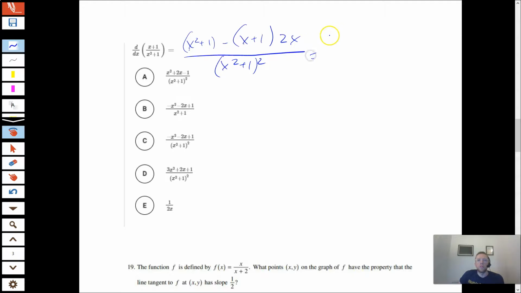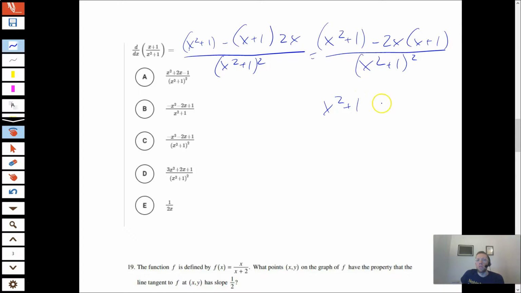So I'm going to rewrite that just a little bit to make my distribution easier first. There's a number of ways you can simplify this though. So 2x, x plus 1, and my way is not necessarily the best way. And then I'm going to distribute, so I get x squared plus 1 minus 2x squared minus 2x all over x squared plus 1 squared.